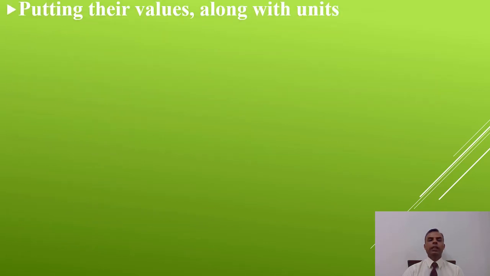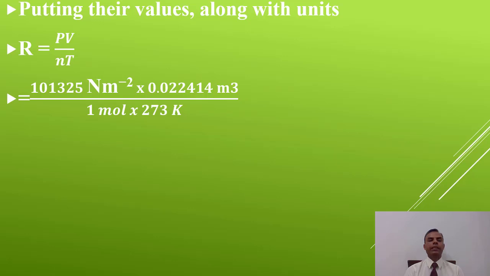Putting their values along with units, R is equal to PV over NT. Here we are putting the values of pressure, volume, number of moles and temperature of the gas.